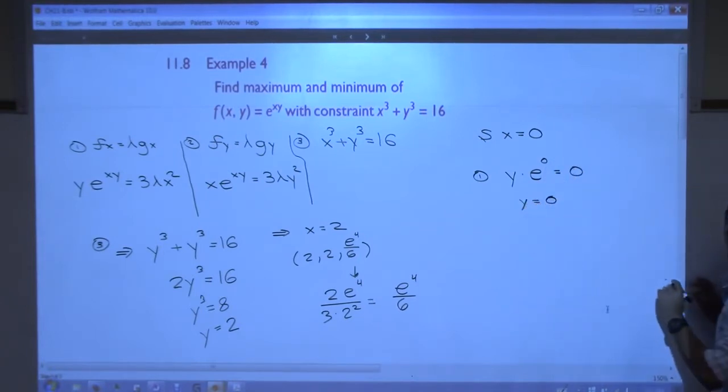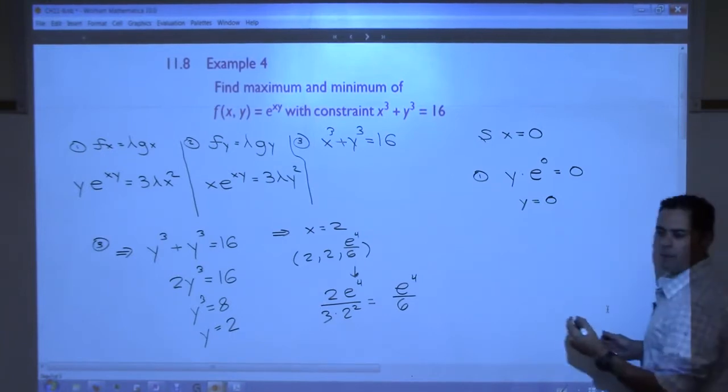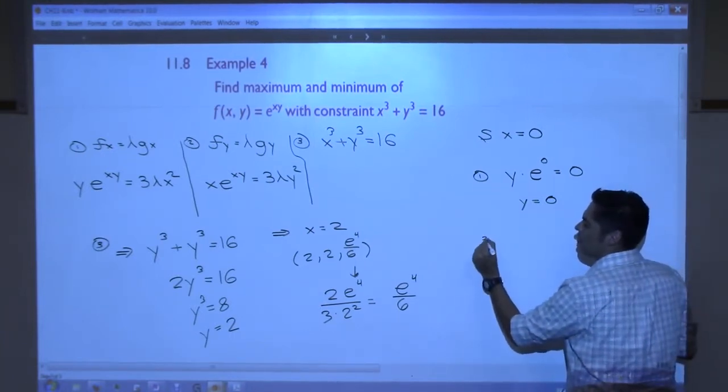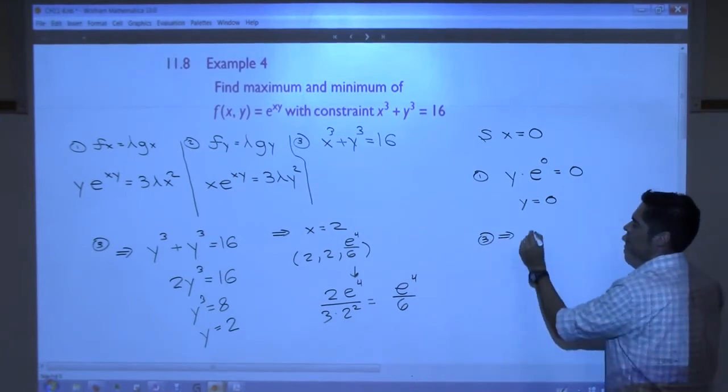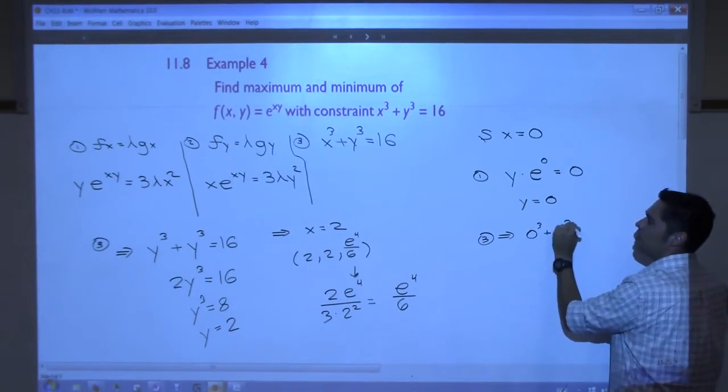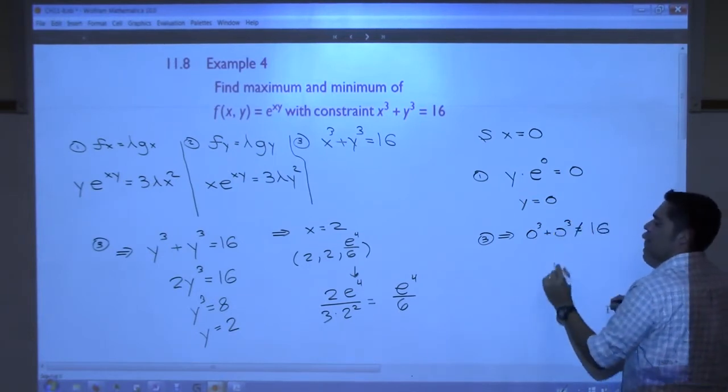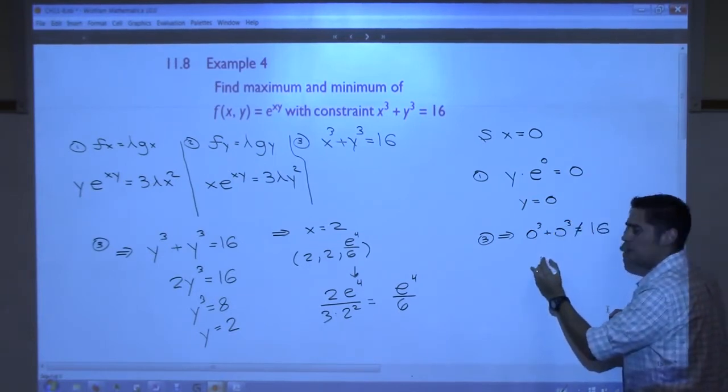I don't see a contradiction yet. So that's OK? So if x is 0, y is 0. But the third equation is going to fall apart. Look at the third equation. In the third equation, what do you get? 0 cubed plus 0 cubed equals 16. Not happening. Got it?